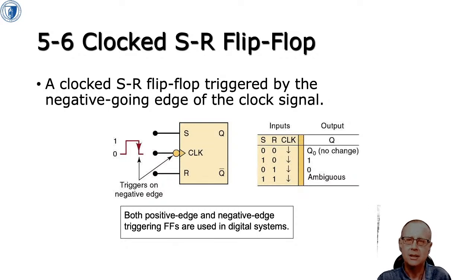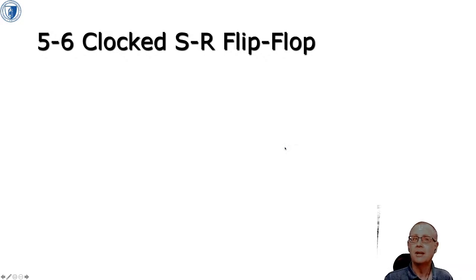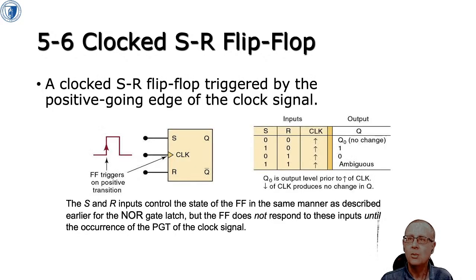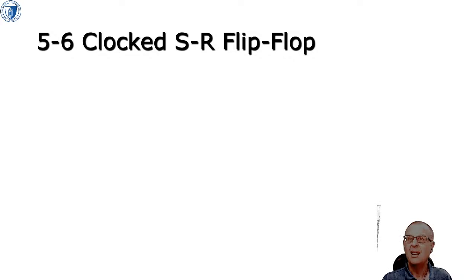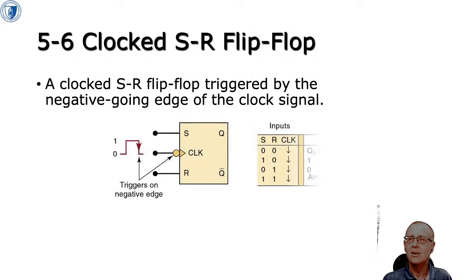So when the clock input goes from a 1 to a 0. And other than that, the transition table is exactly the same, right? The only difference between this one and the previous one is that now the clock transition is going down rather than going up.